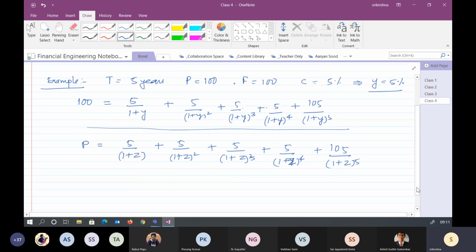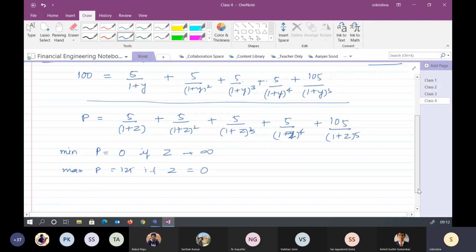Now tell me, what could be the minimum possible value of P and the maximum possible value of P? The minimum P will be 0 if Z is tending towards infinity, and the maximum P will be 125 if Z becomes 0.